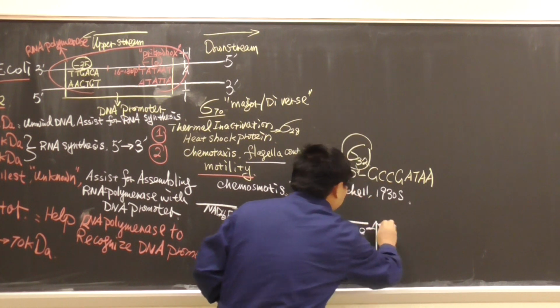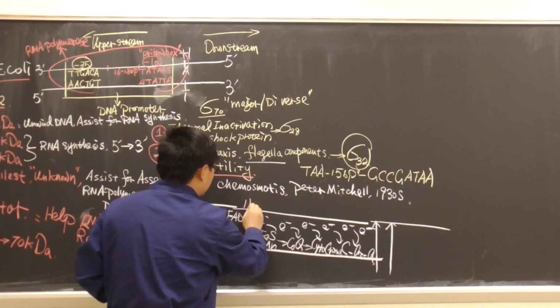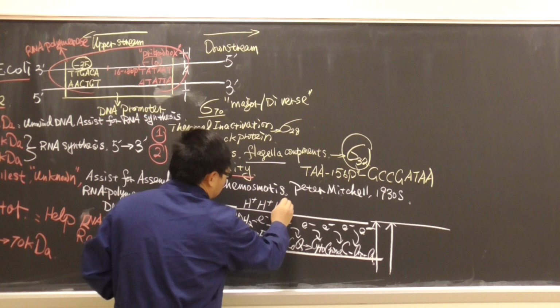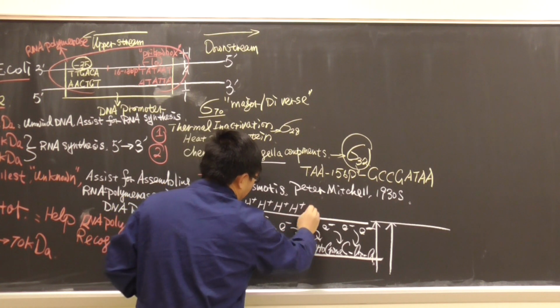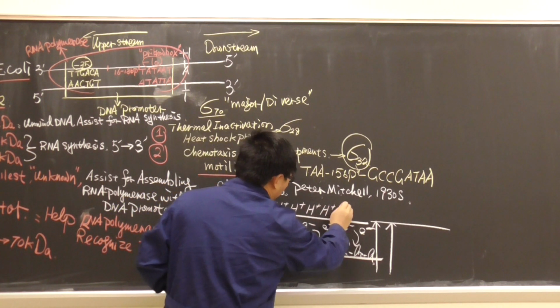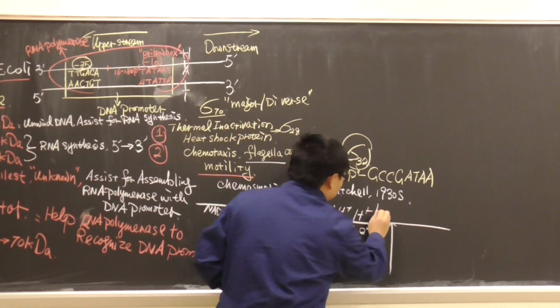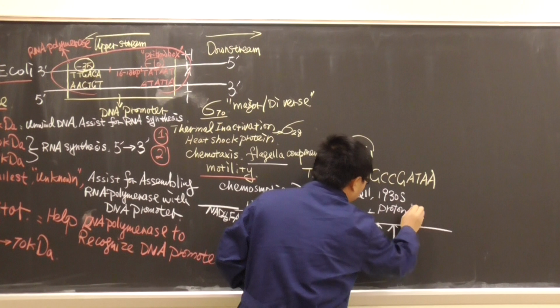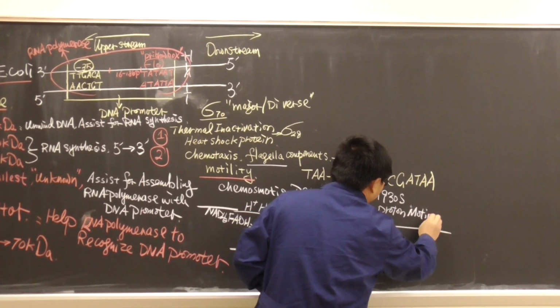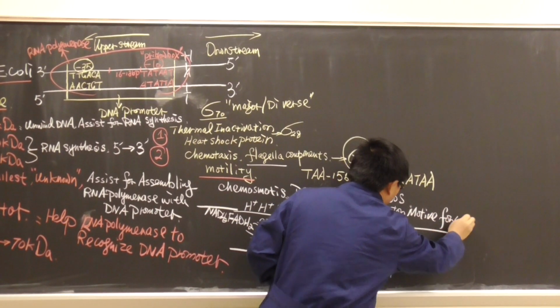Something is going to go out of the cell membrane system. That is protons. Okay, so protons accumulated right here. This is called proton motive force.